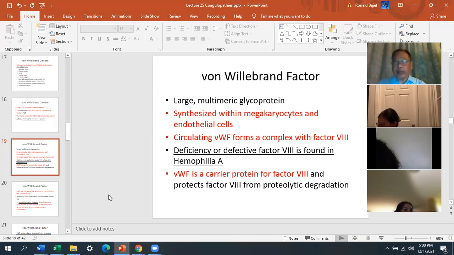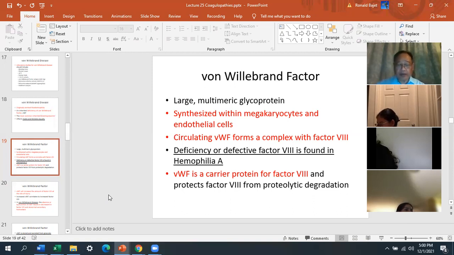So circulating in your blood you have this complex, von Willebrand factor colon factor 8. The two go hand in hand, circulating around in your blood. A deficiency of factor 8 is found in hemophilia A, so hemophilia A is missing factor 8.